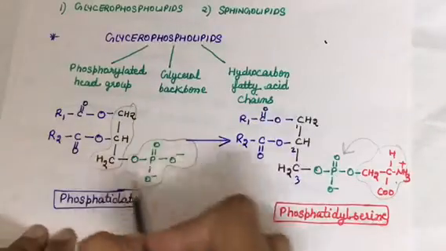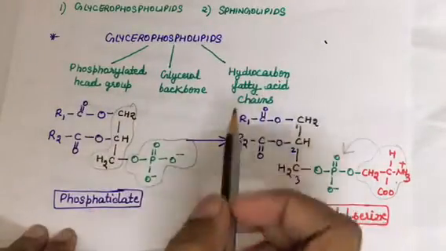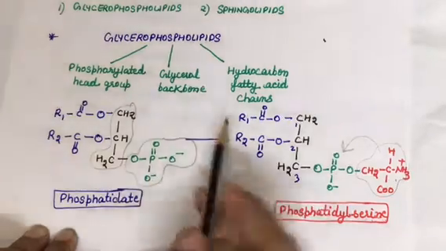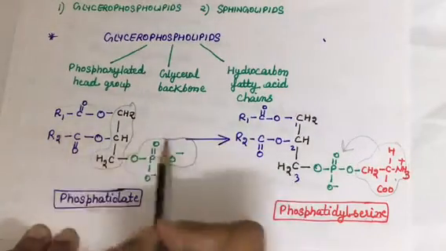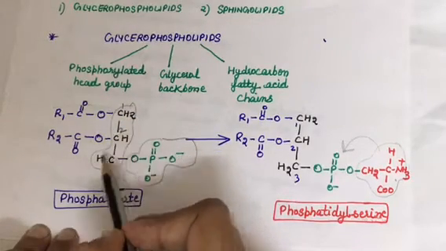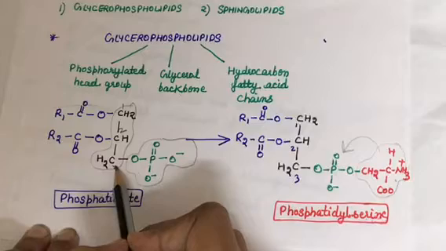To describe this structure, this phosphatidate, which itself is present in small amounts in membranes, I'll say that this is carbon number 1, this is carbon number 2, and this is carbon number 3.